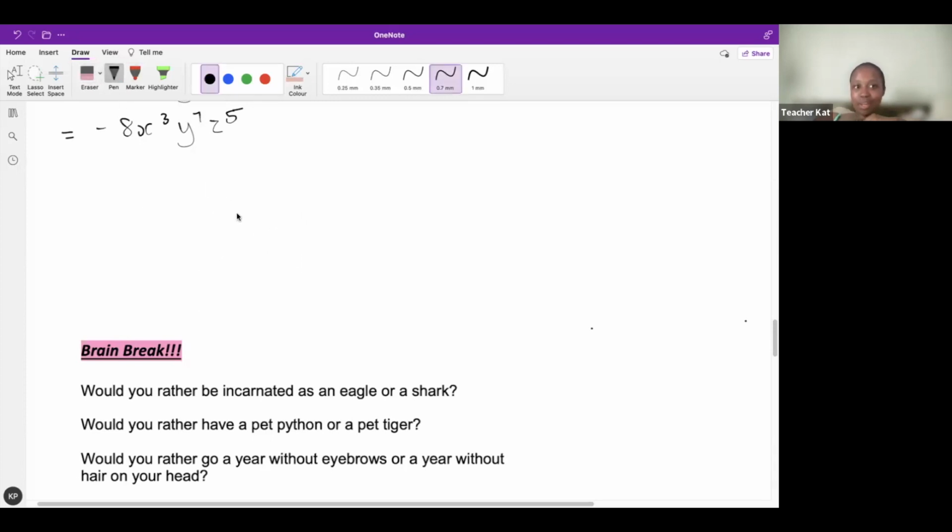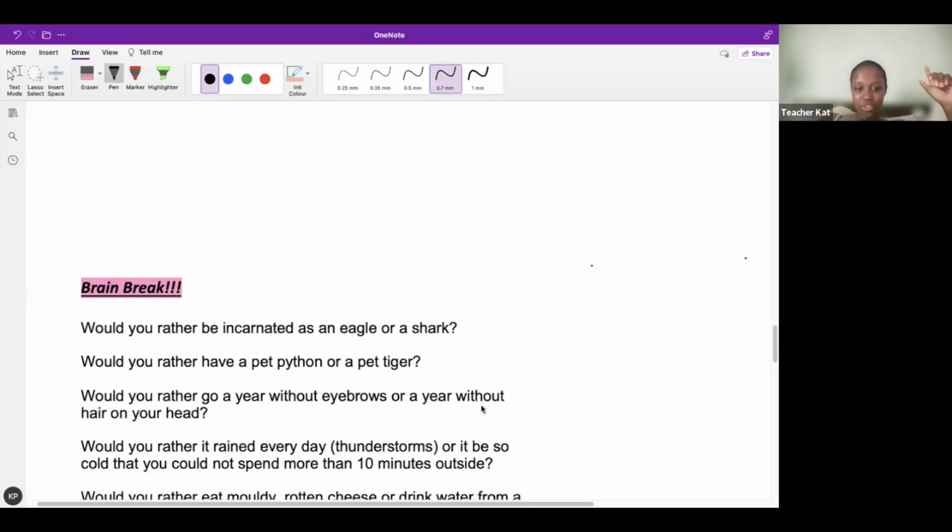I actually don't mind having no hair on my head. I don't care. I would rather have no hair. No hair, people will not notice. But with eyebrows, people will be like, something is different. They won't be able to identify it, but they'll know.